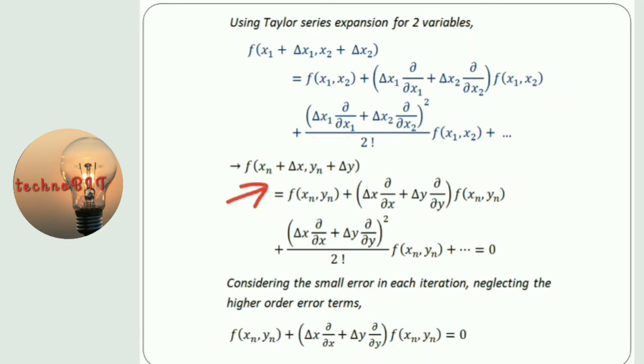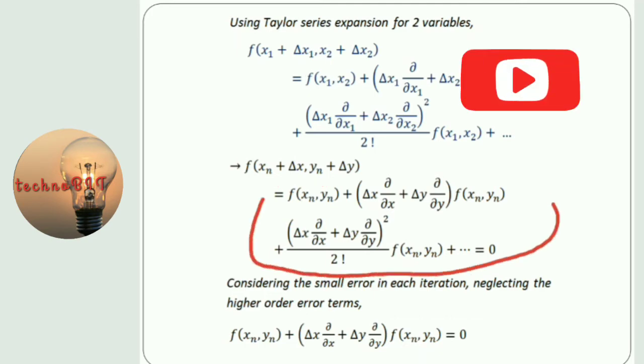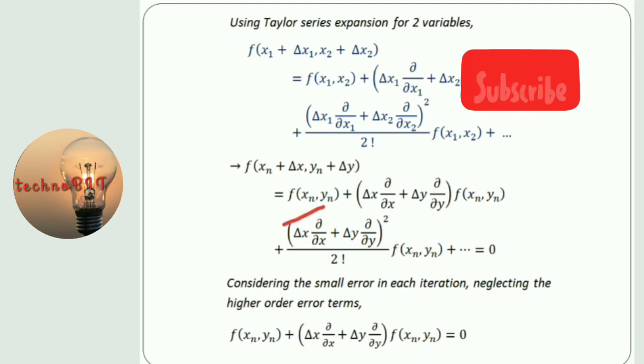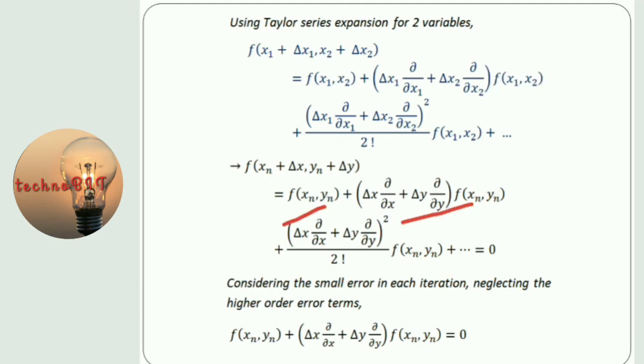We get a similar expression, just replacing x1 with xn and x2 with yn. You can see the same terms: the original function, then the first derivative with the error, then the second derivative with the error squared, and so on.